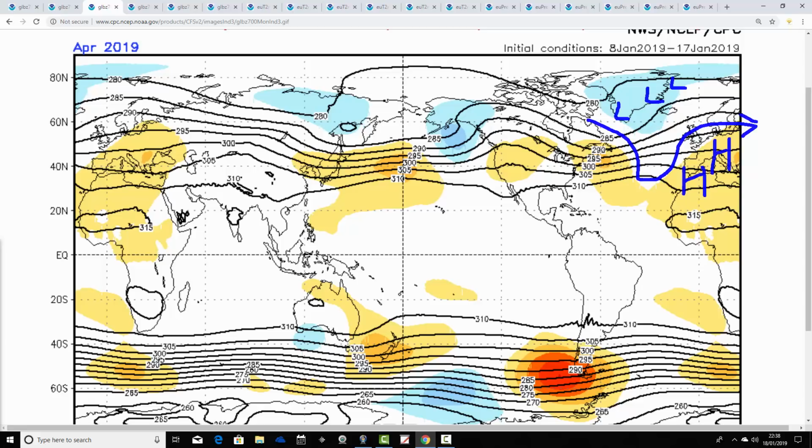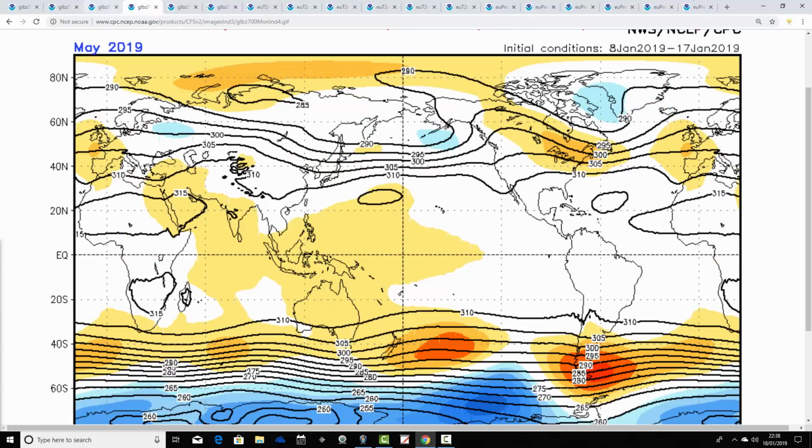We lose all of that northern blocking, and so we revert back to a much more usual, much more typical type weather pattern with westerly winds and the air coming in from off the Atlantic. Could be quite unsettled, but overall a reversion back to what you would expect in the default sort of UK setup, which is westerly with low pressure to the north and high pressure to the south.